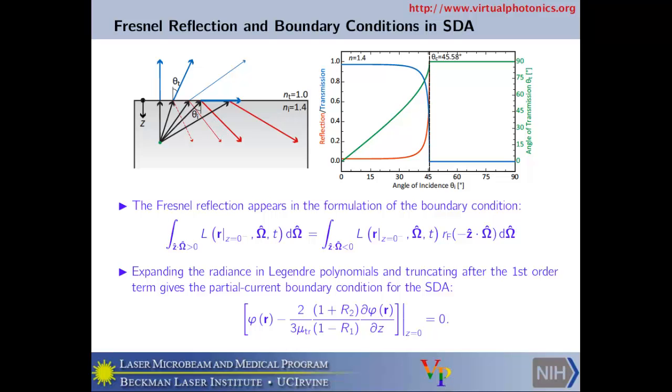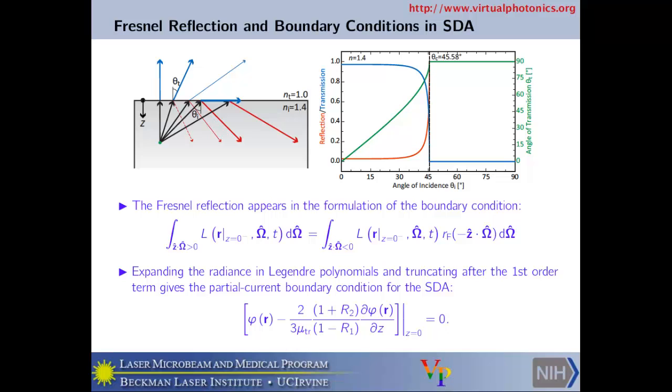And so what we say is this, is that the light that is coming downwards from this interface must have been light that initially traveled up towards this interface and got internally reflected. And that's what this equation says.